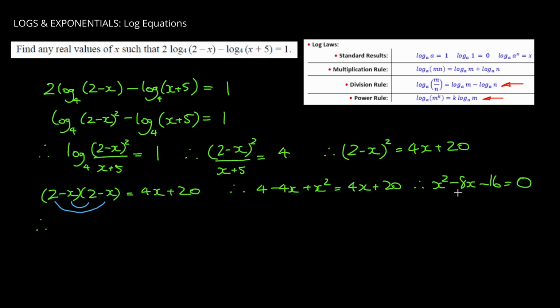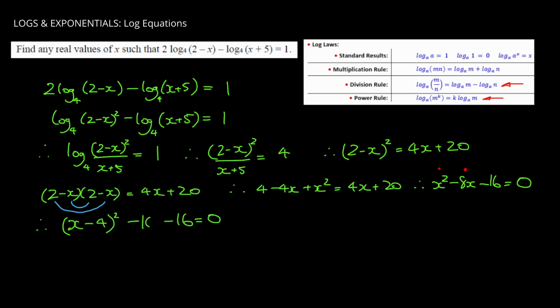And to complete the square, we have to halve this coefficient and form the square bracket. So I get x minus 4 squared minus 16 equals 0. I've purposely left a gap here because, as you know, this will happily generate the x squared and it will happily generate the negative 8x, but unfortunately it gives us a positive 16, which we have to remove immediately.